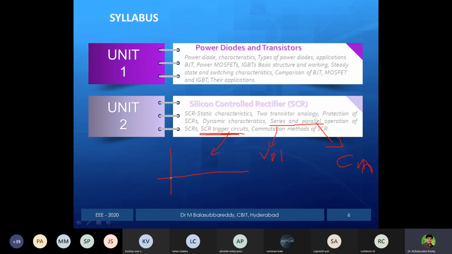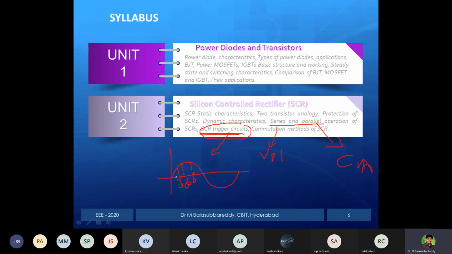Suppose the AC supply is something like this. This is our AC supply. I want to fire the device at this instant, maybe 30 degrees. Then at that instant the device is going to be fired. You have to design the firing circuit, and by changing that knob you can change the instant. Suppose somebody wants to fire at 60 degrees, or at 120 degrees, like this.